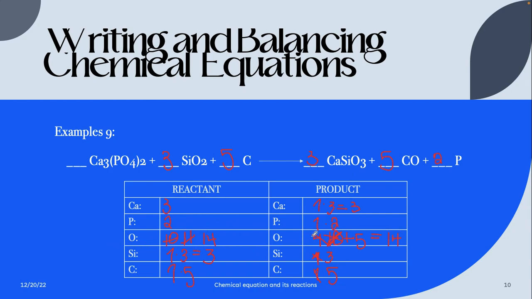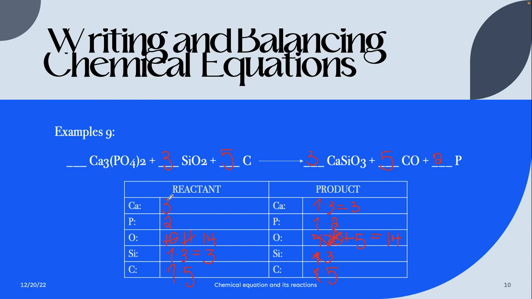Here on the oxygens, let me explain to you what happened here on the oxygen. At first, we began with 8, 9, 10 oxygens on the reactant side. And on the product side, we began with 3, 4.